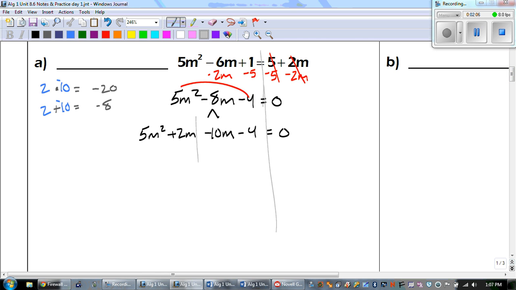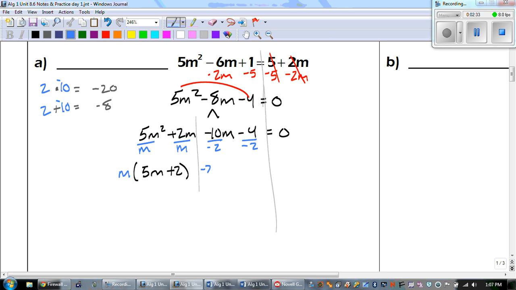And now let's split. So we take the GCF out of the first group, which is just an m. The m comes out front, and we're left with 5m plus 2. Now, the GCF of the back is what? Yeah, I can take out a -2.